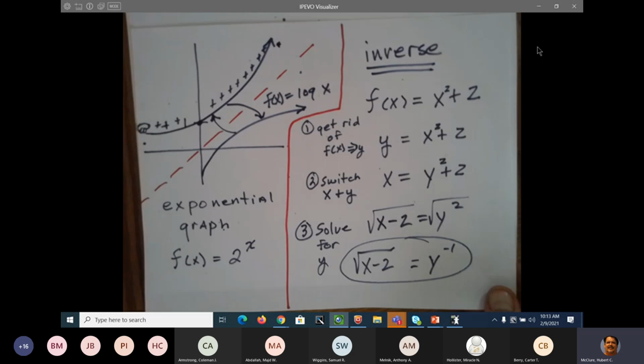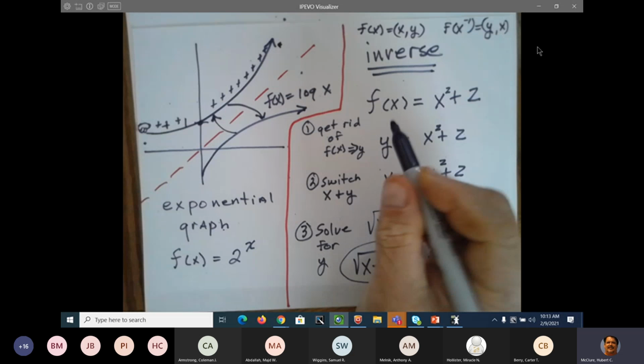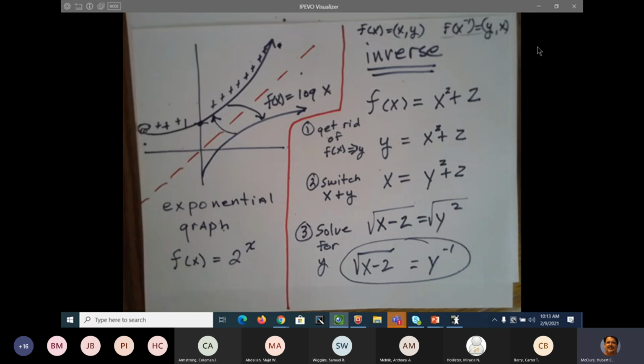What is f inverse? Y, x. So your x is going to be the same as the y over here, or it's turned around. The coordinates are flipped. Always remember that too, and you'll see that on the graph when you graph one. Okay, hopefully all of that is a lot of review for you.